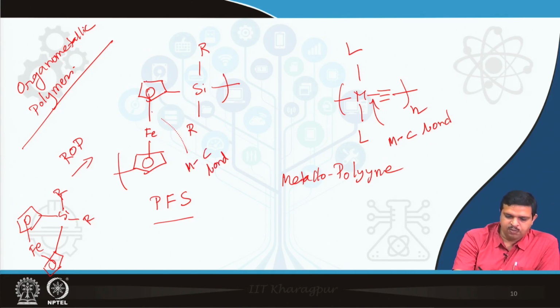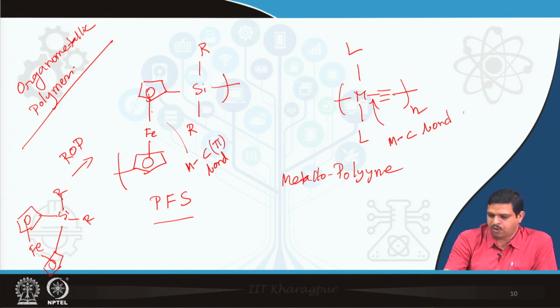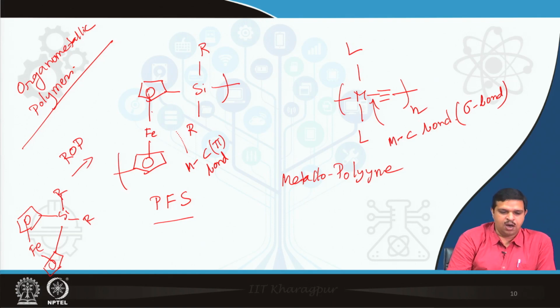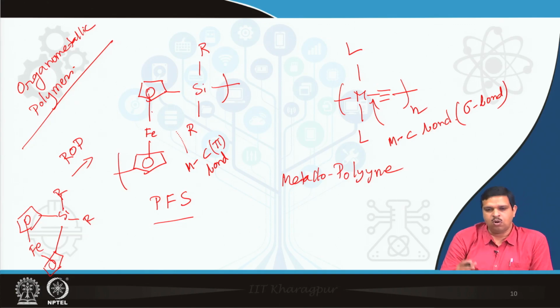Here basically a metal carbon pi bond and here a metal carbon sigma bond, that is the difference. These are quite well developed organometallic polymers which are quite new, not very old like polyalkenes or polyolefins or other organic polymers. These are the emerging areas in polymer chemistry.